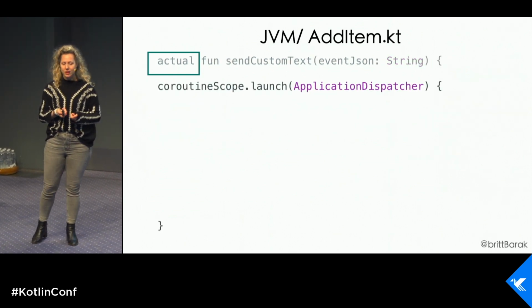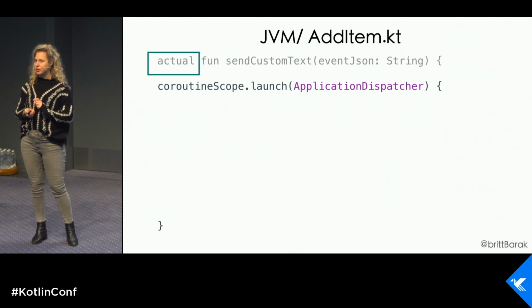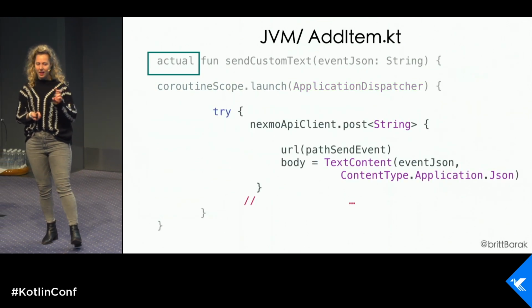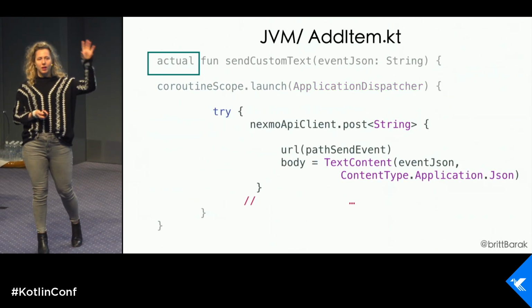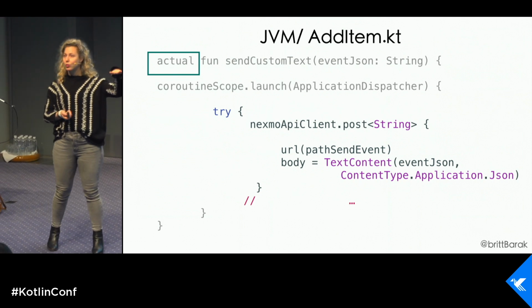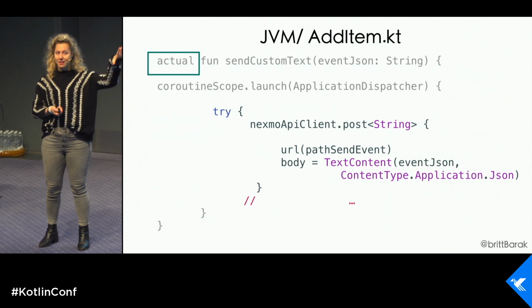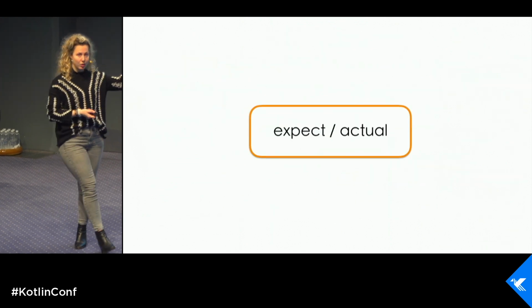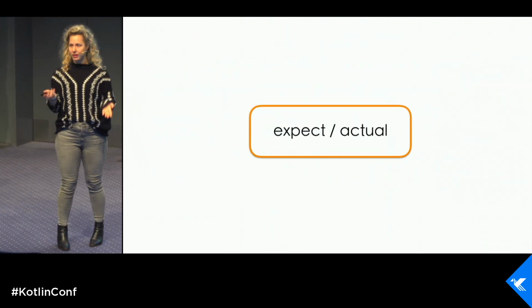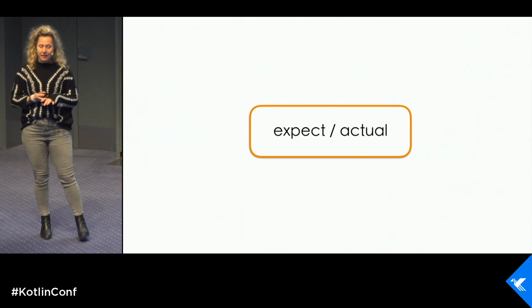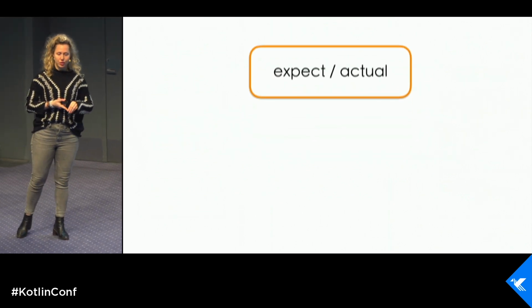In this case, for example, I might not use a native SDK, but I would do a network call to our API, to the backend API, and ask the backend API to add a new item. So it could be a totally different implementation. And this is what the expect and actual allows us to do.